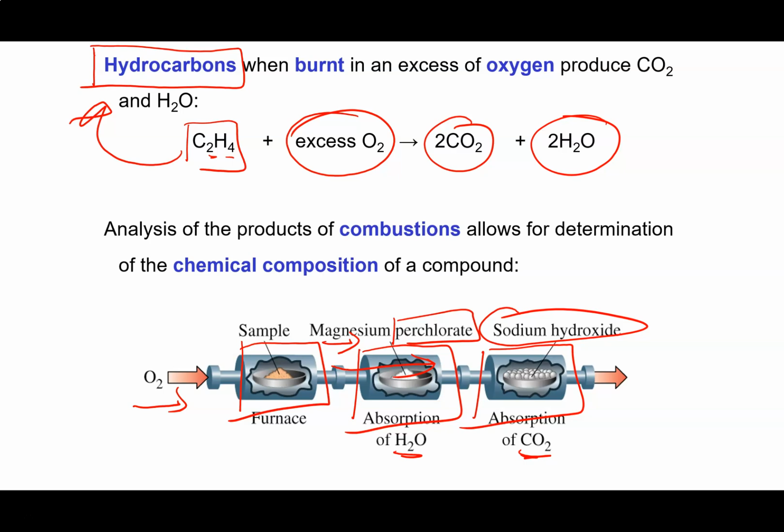So in this three-chamber setup, what we can do is burn a known amount of a hydrocarbon and then figure out how many grams of water were produced and how many grams of carbon dioxide were produced. And we're going to work backwards and get the formula for our unknown hydrocarbon.